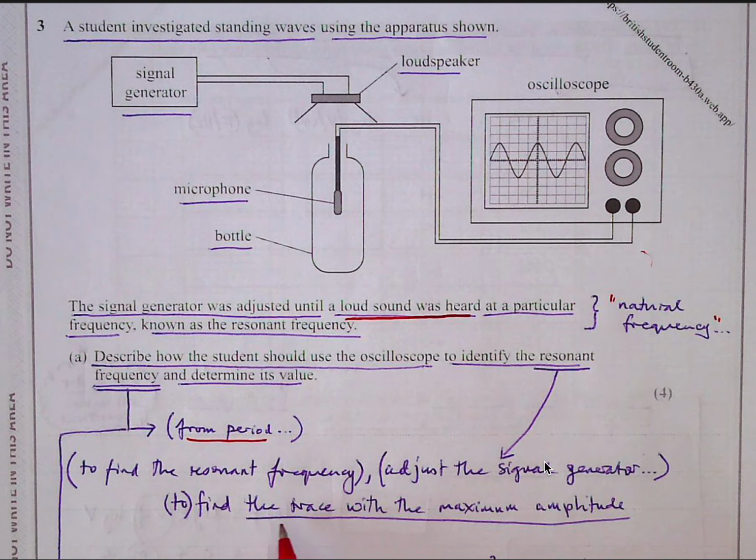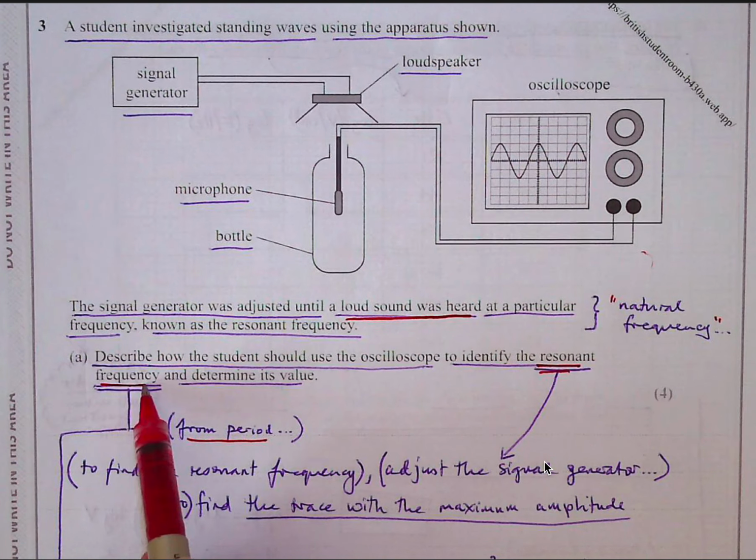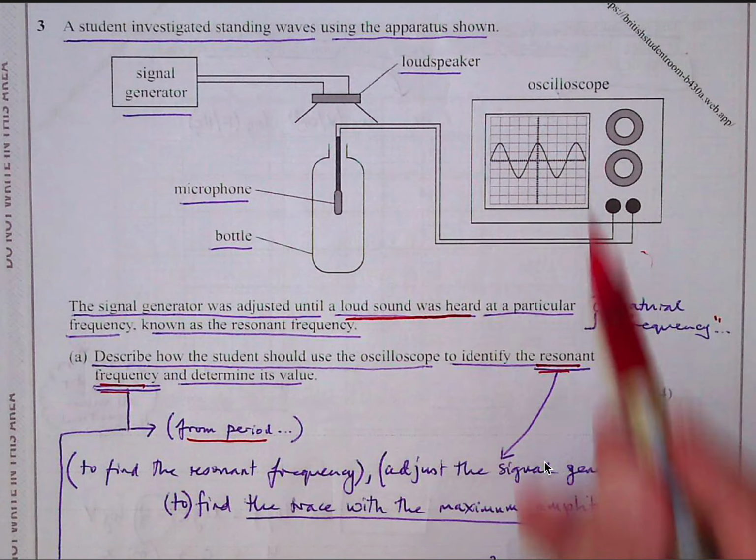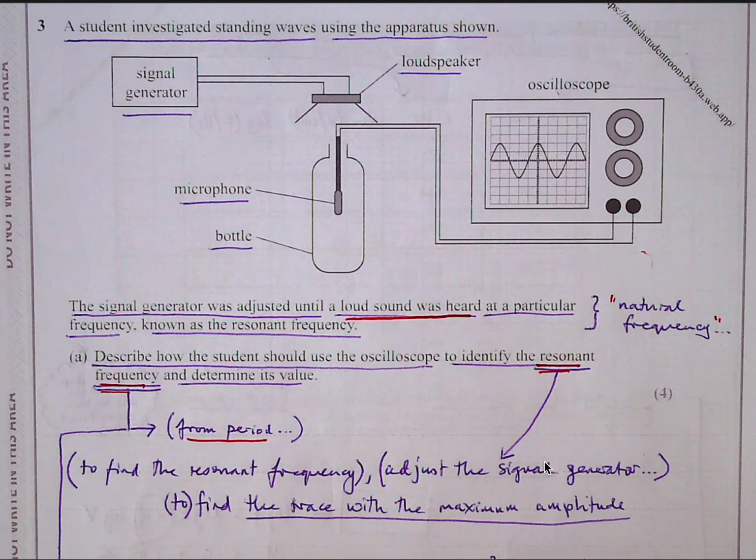When you're at the resonant frequency, which I've underlined, you're going to get a maximum amplitude. So you're looking for the maximum amplitude on the trace of the oscilloscope. It's very similar to the string experiment if you did one of the core practicals.